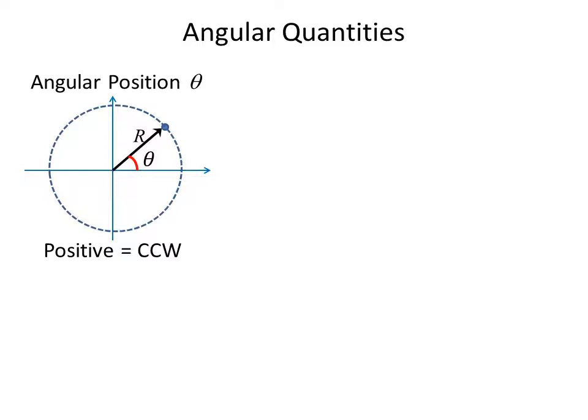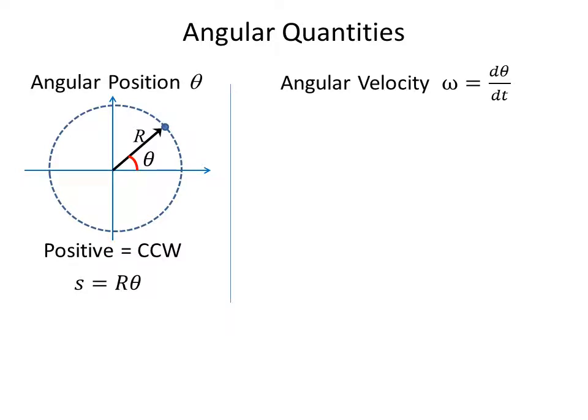This angle is positive if it's counterclockwise from the horizontal axis. So the position shown here has a positive theta. If it was below the axis or going clockwise, it would be negative. The distance along the path from the x-axis is equal to r times theta, the radius times the angular position.